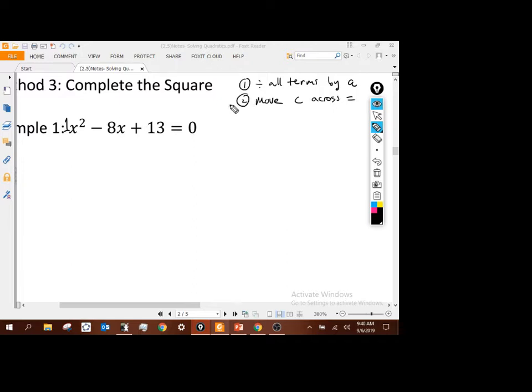Those two steps are actually independent of one another, meaning it doesn't matter the order that you do it. If you want to divide everything by A first, and then move the 13 over, or if you want to move the 13 over and then divide everything by A, it doesn't matter. But we need to get this written as x squared minus 8x equals negative 13.